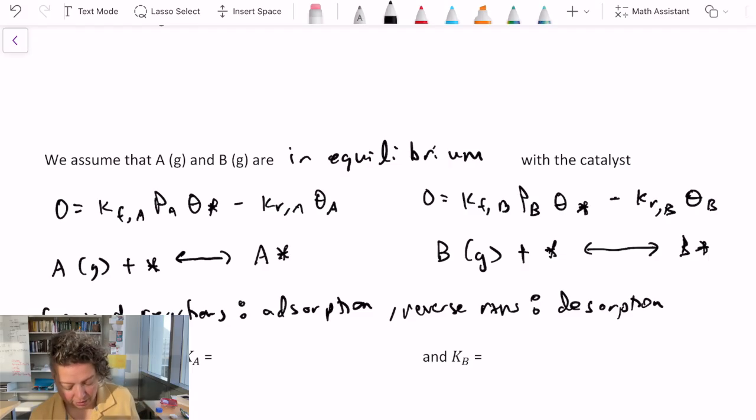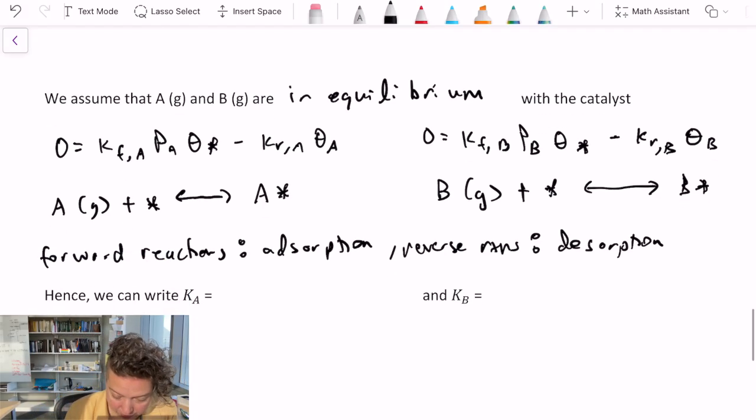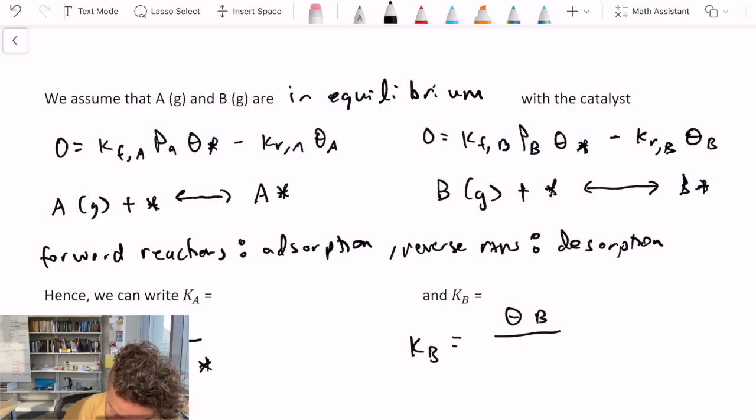And anyways, I've said they're in equilibrium, so the rates are equal, and then we can write our equilibrium constants for these. K_A is going to be equal to theta_A over P_A theta star, and K_B is going to be equal to theta_B over P_B times theta star.